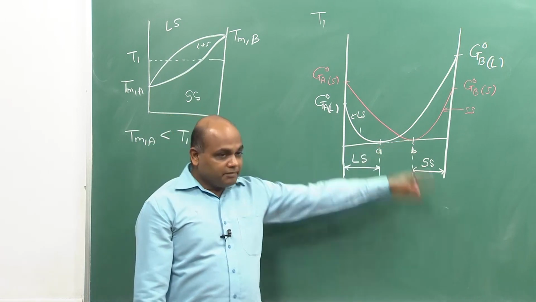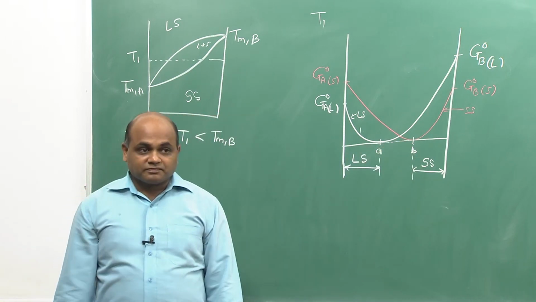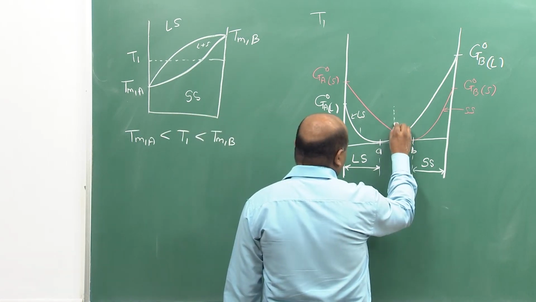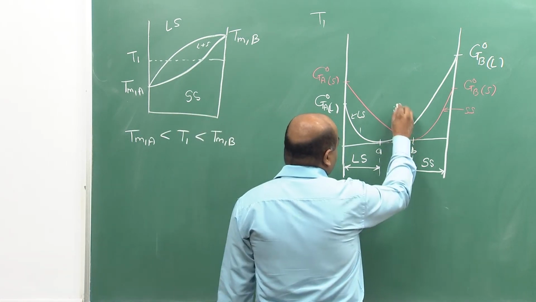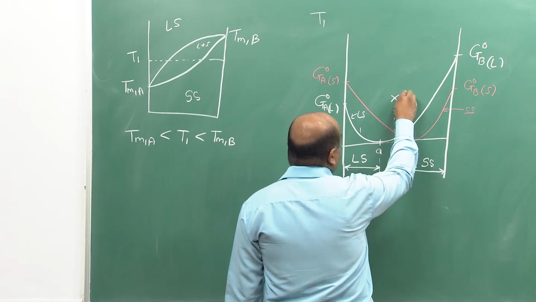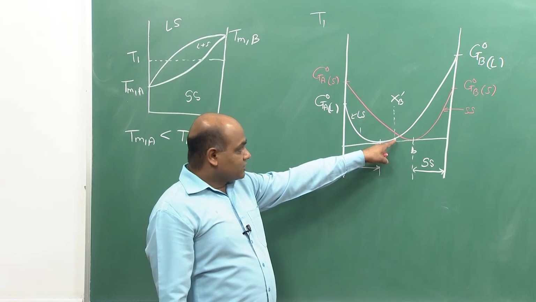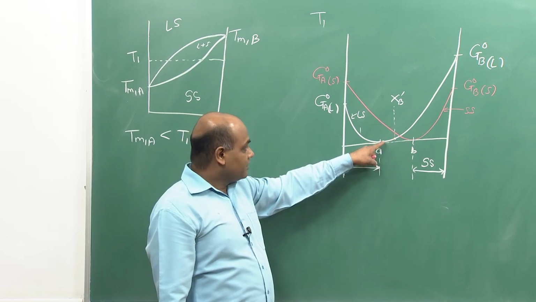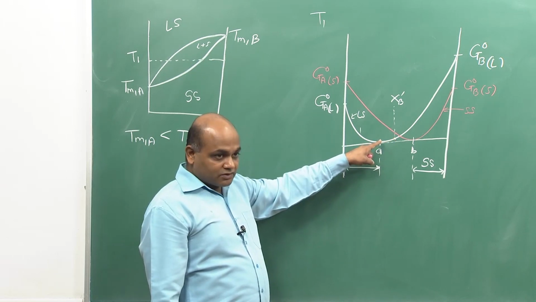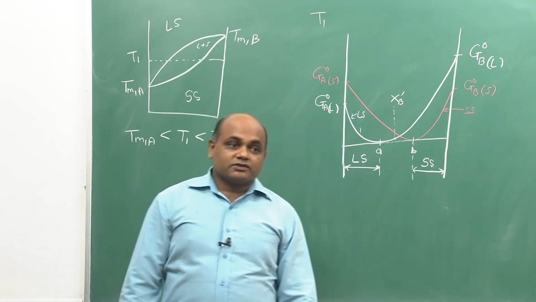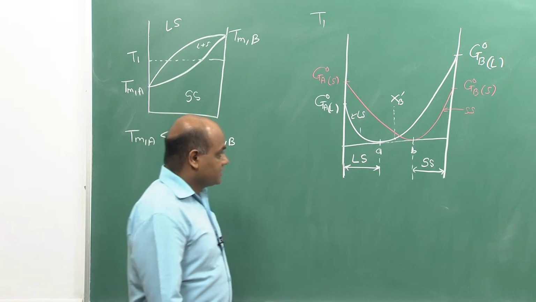But between A and B what happens? Again, if we consider any composition in between, let us say xB prime, we see that if this composition splits into one liquid solution and one solid solution, it will be associated with a decrease in Gibbs free energy, right.